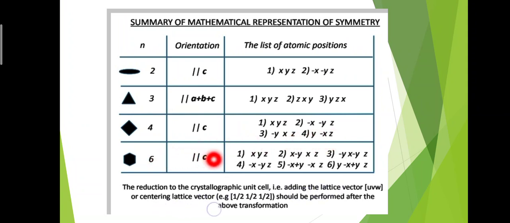Six-fold, parallel to C: x, y, z; x minus y, x, z; minus y, x minus y, z; minus x, minus y, z; minus x plus y, minus x, z; y, minus x plus y, z. The reduction to the crystallographic unit cell, that is adding the lattice vector uvw or the centering lattice vector, for example 1/2, 1/2 and 1/2, should be performed after the above transformation.